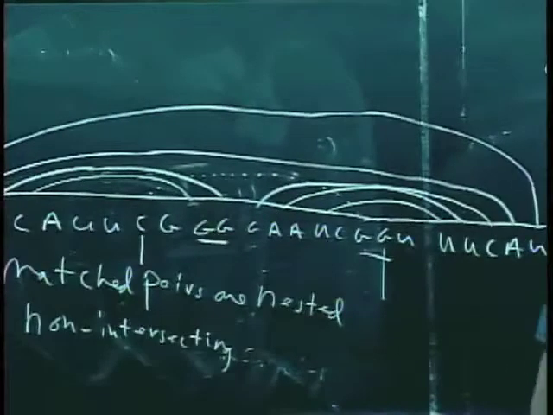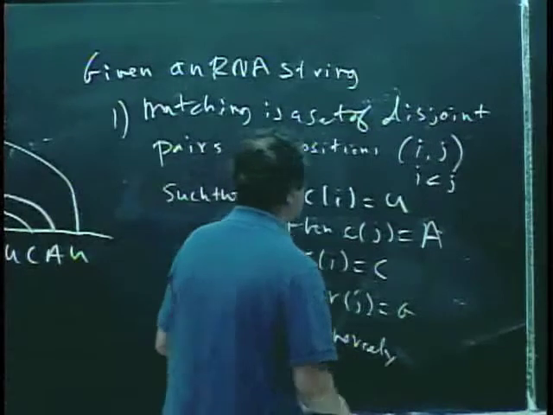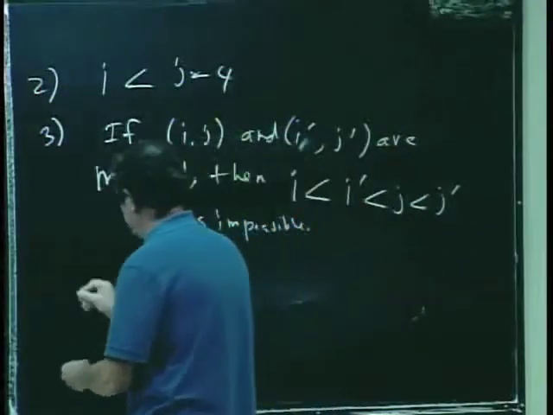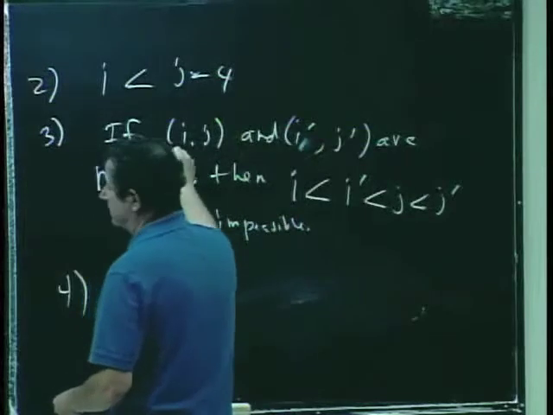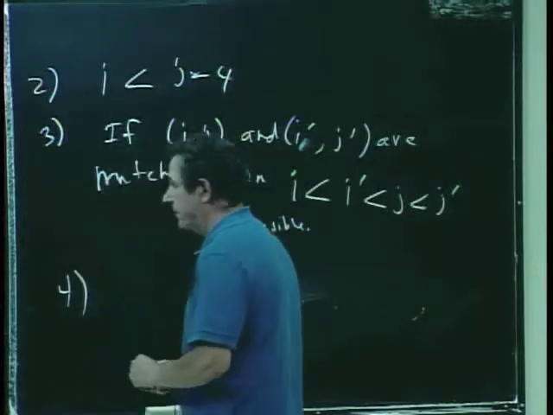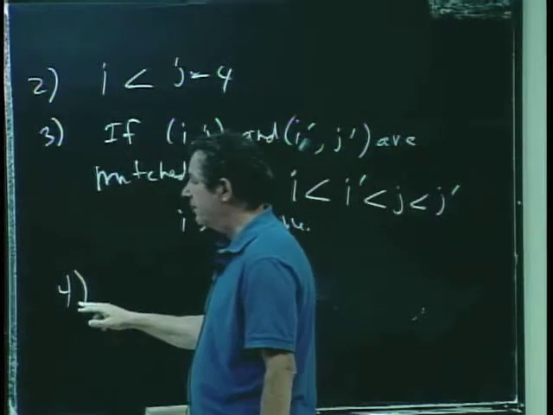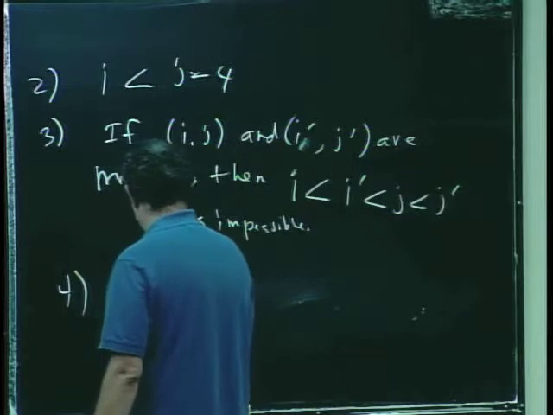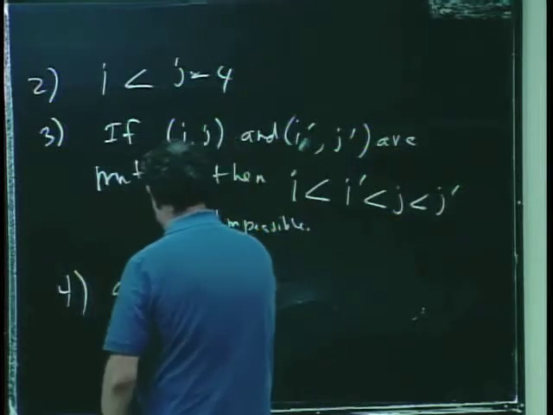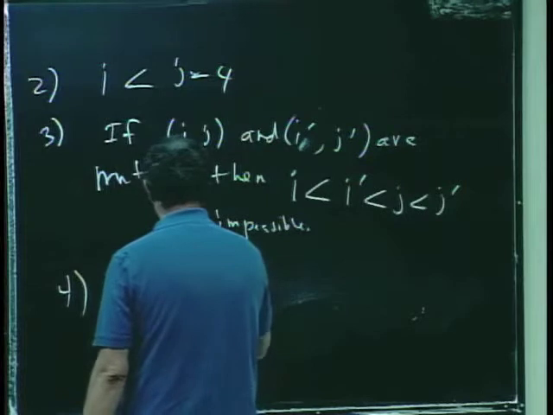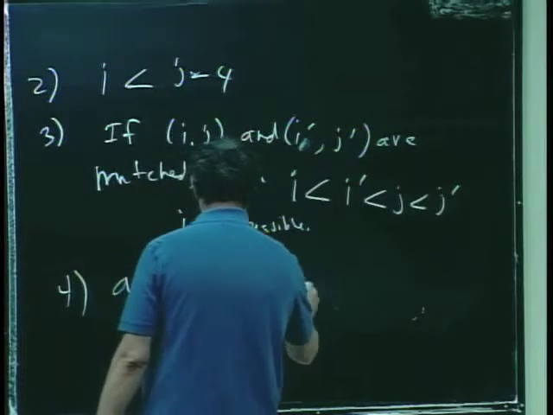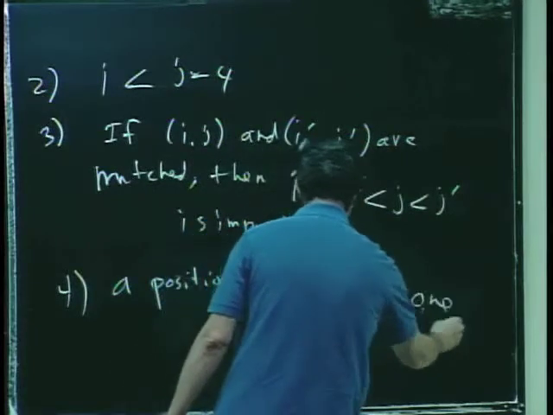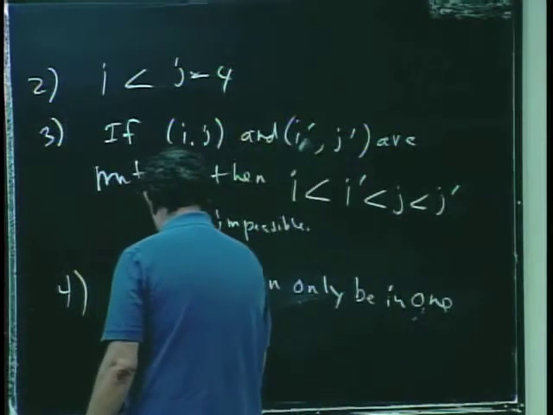And one more thing. I know that I'm doing this in a different order than in the book. I know that in the book this is the last condition. But anyway, the fourth condition is that a character, a position, can only be in one matched pair.